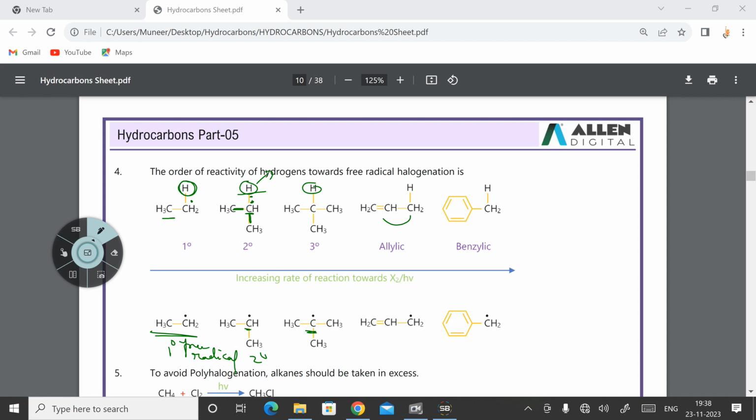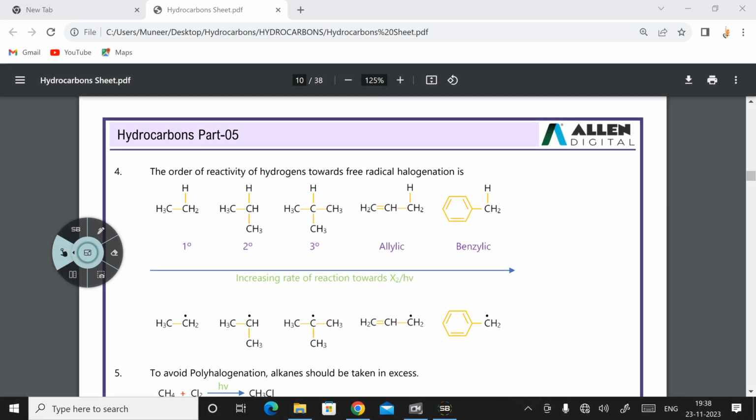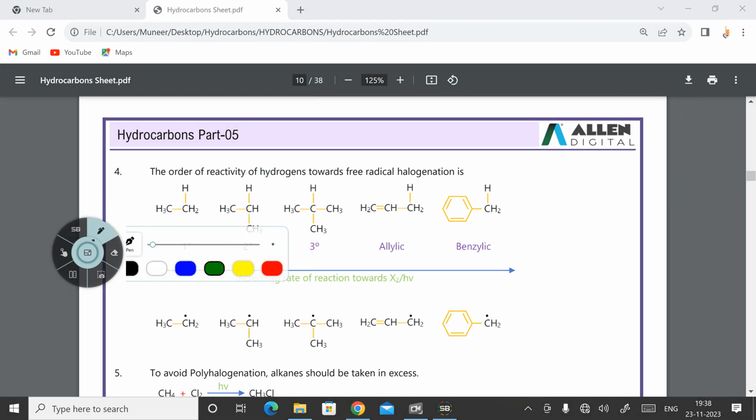This is allylic carbon. Do you know allylic carbon? Allylic carbon means an sp3 carbon which is attached to an sp2 carbon. The sp3 carbon next to an sp2 carbon is called allylic carbon. Those hydrogens are called allylic hydrogens. The carbon atom attached to an sp2 hybridized carbon should be sp3, all single bonds.